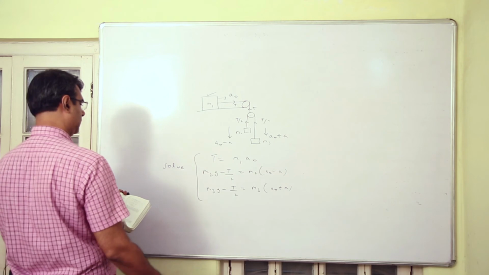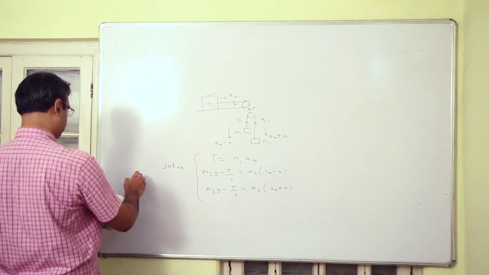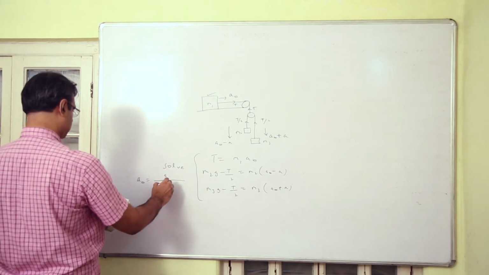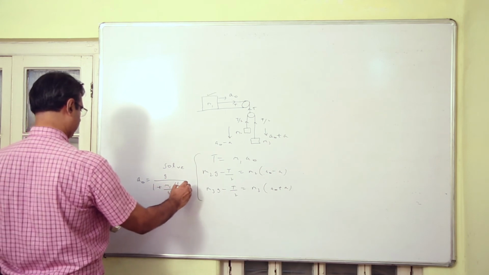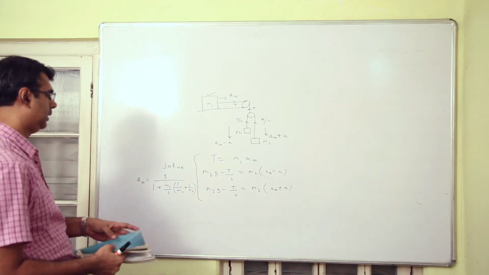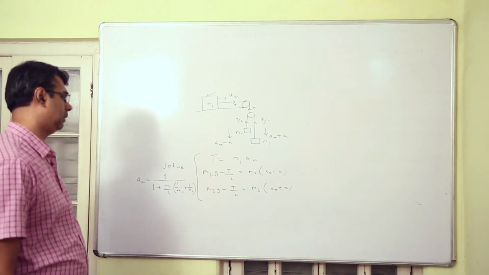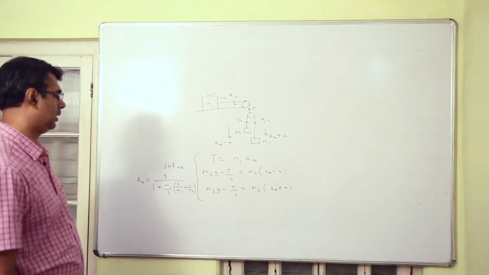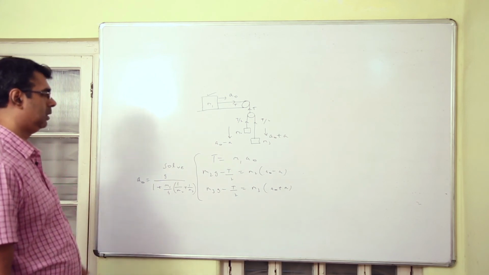While solving we will have to eliminate T and a and get a0, and if you do that then this is the answer that comes. So I repeat once again, after writing the equations of motion for the three blocks, you will have to eliminate T and a, and once you have eliminated T and a, you will have to find out a0, and whatever is a0, that is the answer.